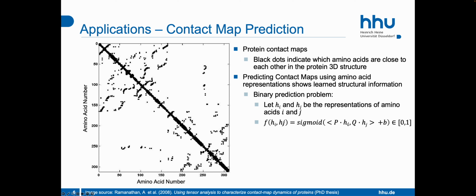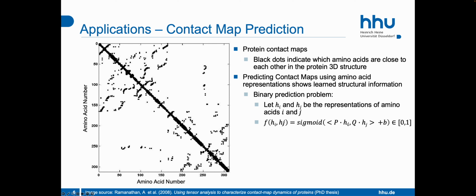In the ESM1B paper, this was done by first calculating a linear transformation of HI, the representation of the amino acid at position I, and HJ, the amino acid representation at position J, by multiplying these matrices by matrices P and Q. Then we can calculate the scalar product of both new vectors, which results in a single value.